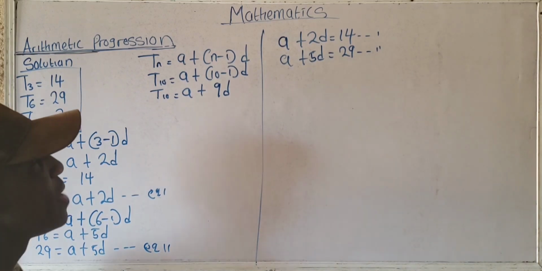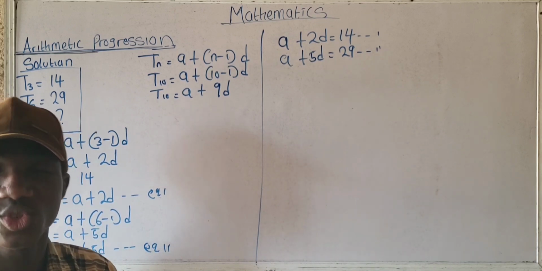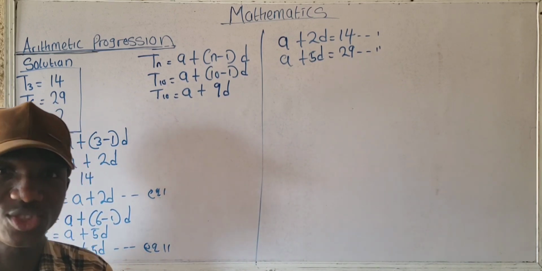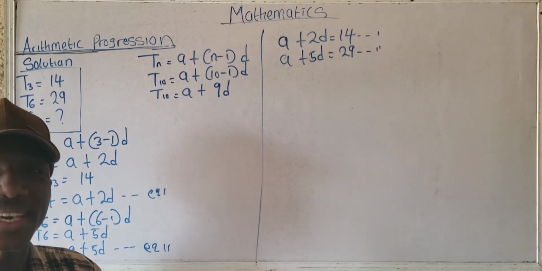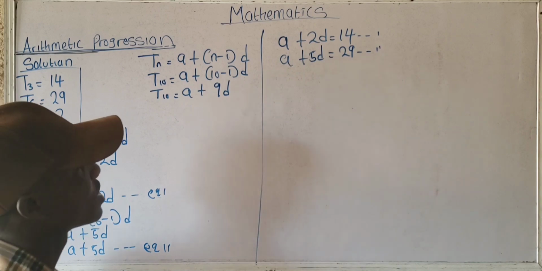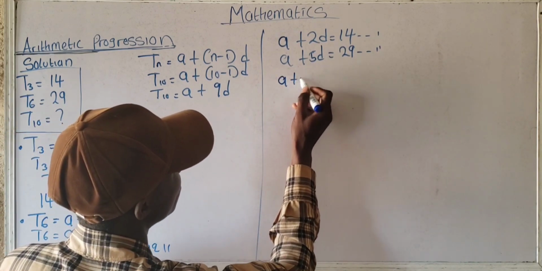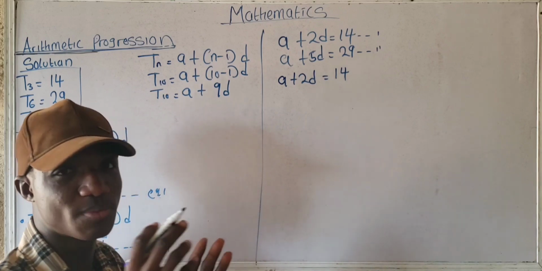So I'm going to make A the subject of the relation in the first equation. You can choose any equation of your choice, but here I'm going to be using equation 1. Equation 1 is A plus 2D equals 14.